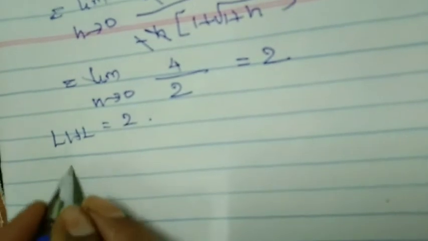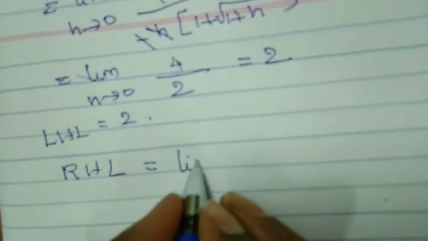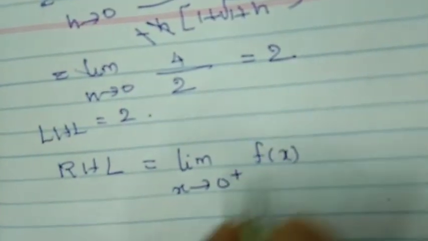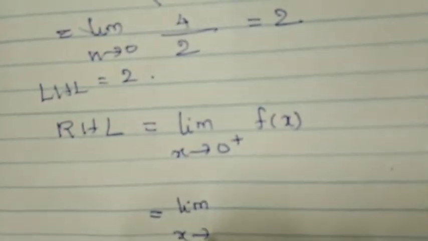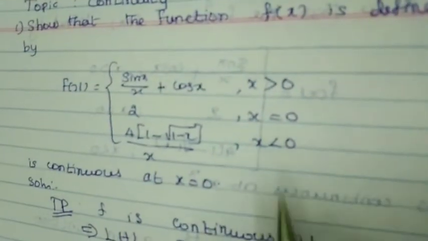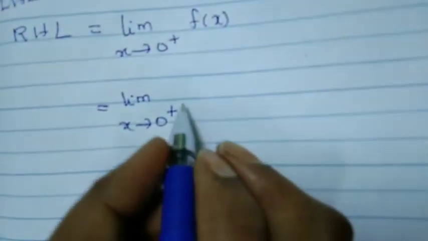Next we want to calculate RHL. RHL means limit x tends to 0 plus f of x. That means the value of x is greater than 0, so we use sin x by x plus cos x instead of f of x.